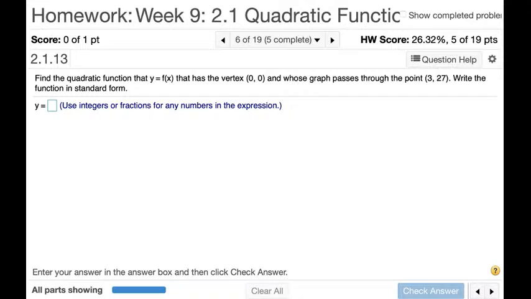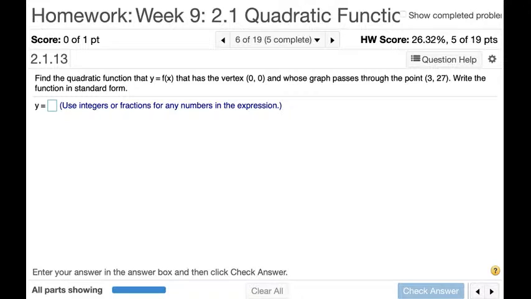It says that the vertex is the origin, and it passes through the point 3, 27. And write it in standard form.